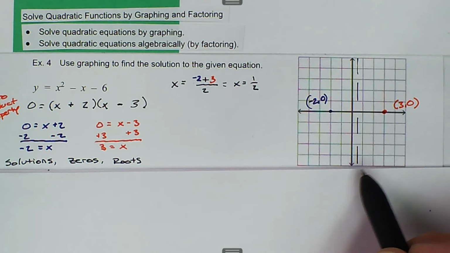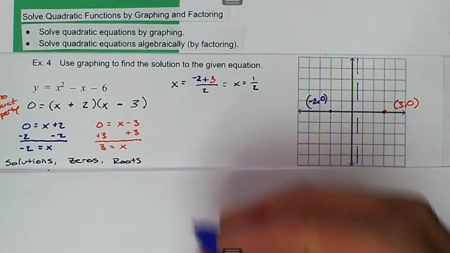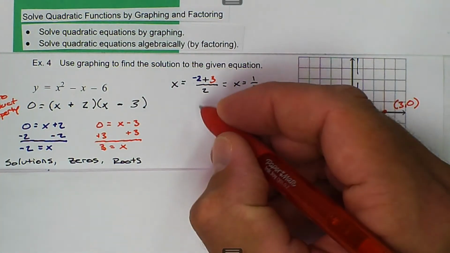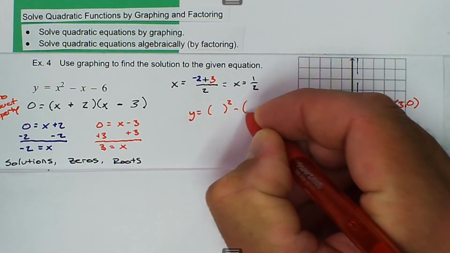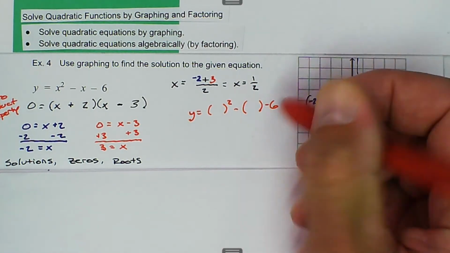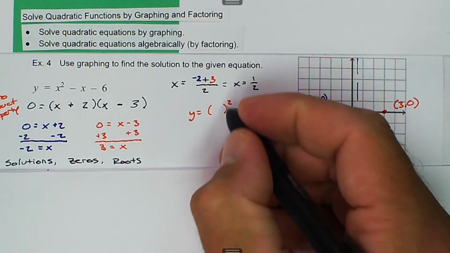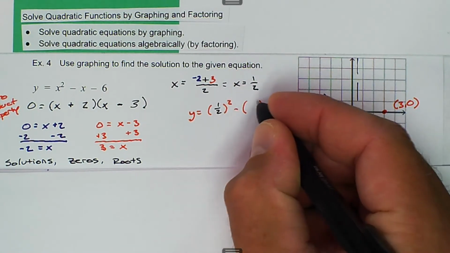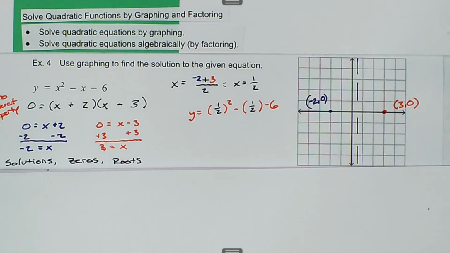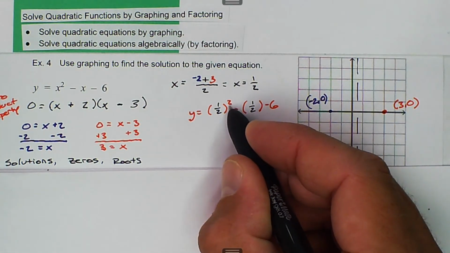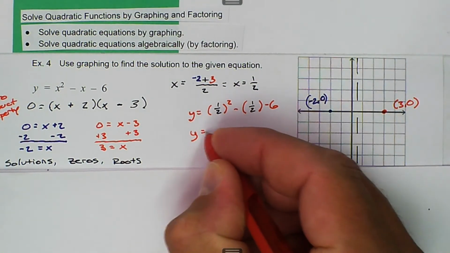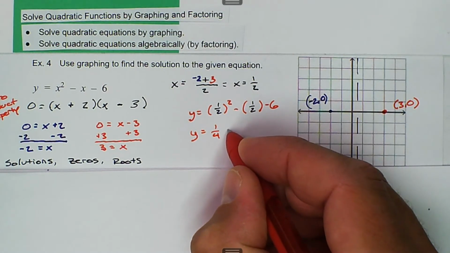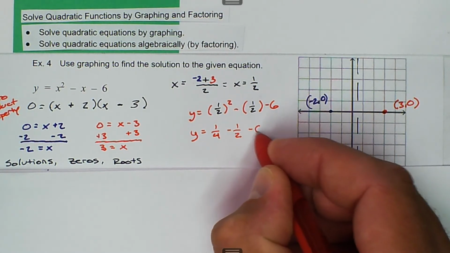In order to find the vertex, we can substitute the 1/2 back into the equation. So here we get y equals, we're going to put 1/2 in for x, so 1/2 squared, minus 1/2, minus 6. 1/2 squared is 1/4, minus 1/2, minus 6.